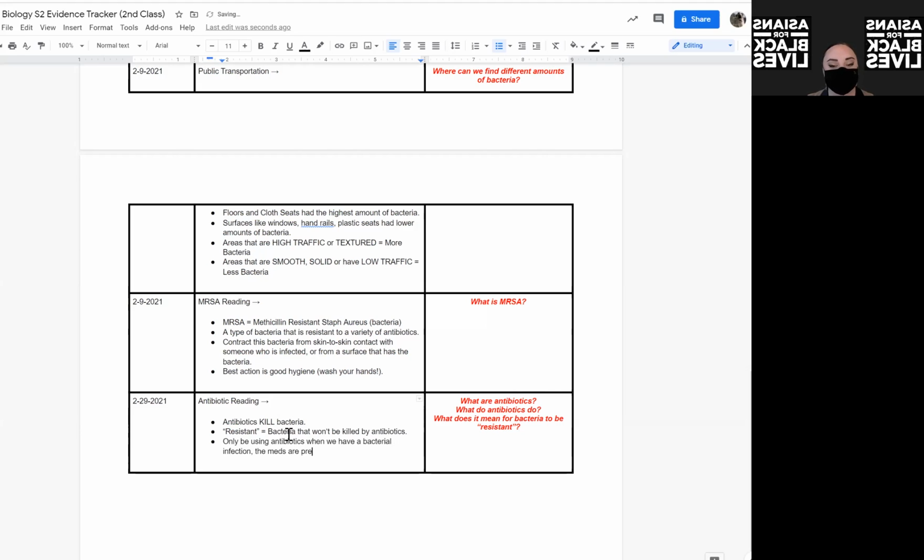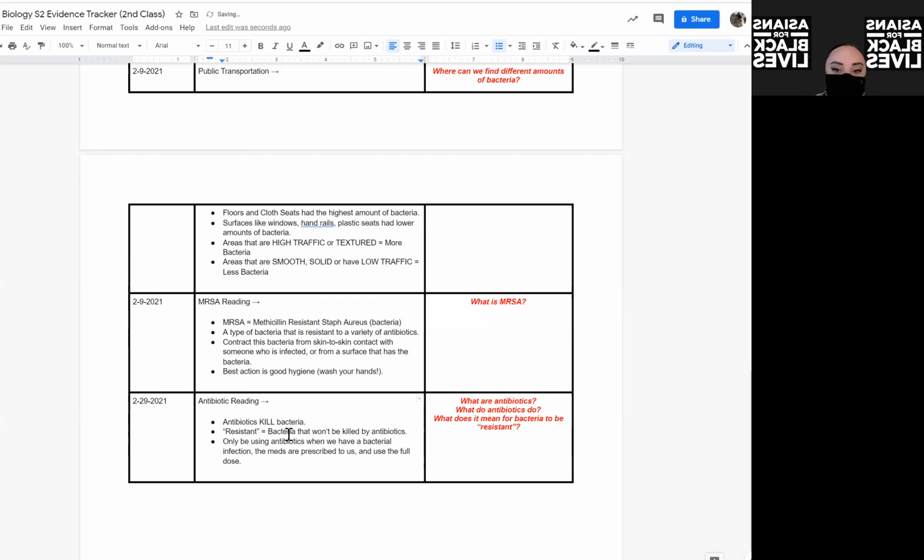The meds are prescribed to us, and use the full dose. That means, when you get antibiotics and you're sick, not only taking them till you feel better and then stopping. That actually produces resistant bacteria. And eventually we'll talk about why and how exactly that happens. Only using antibiotics when we have an infection.